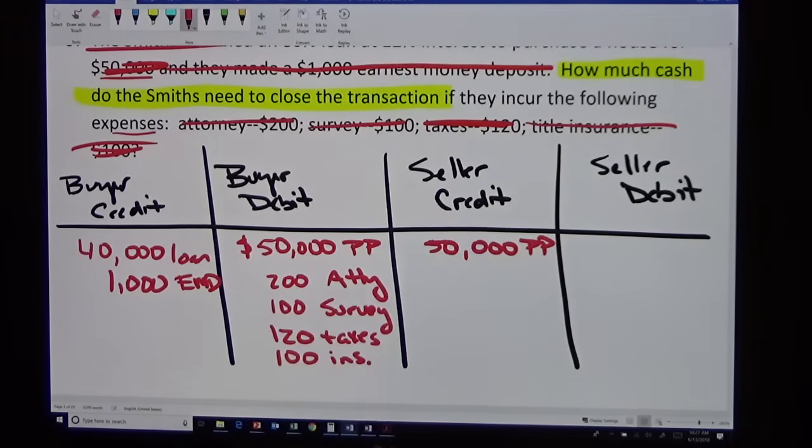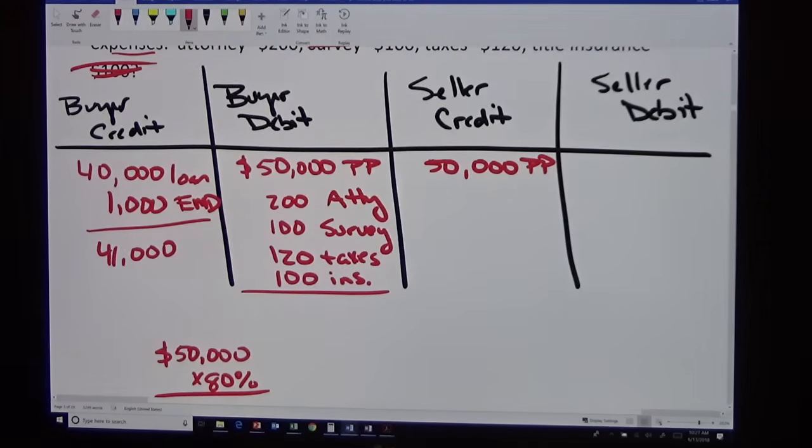Insurance. So again, all we need to do here is total up our columns, and we end up with $41,000 in buyer credits. And on the buyer debit side, we've got $50,000 plus 200 plus 100 plus 120 plus 100 is $50,520.